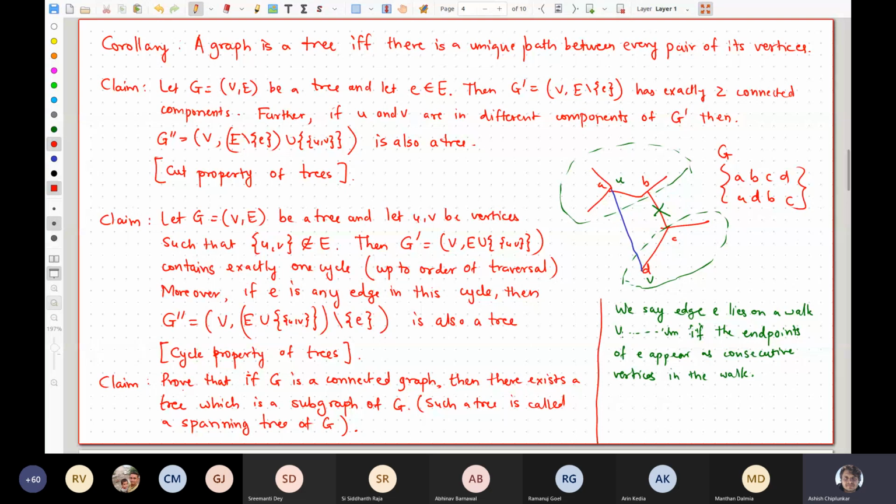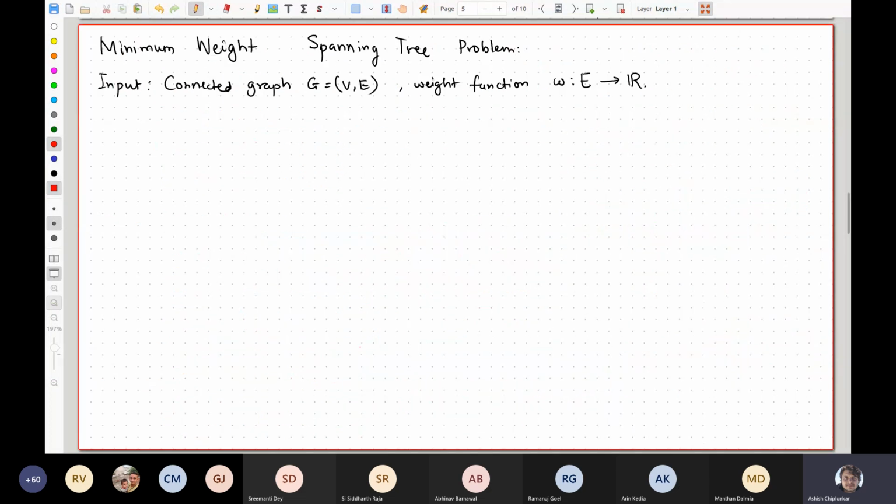It must be possible to select a few edges of the graph and create a graph which still remains connected, but which now doesn't have any cycle. Such a tree is called a spanning tree of a graph, and then the spanning tree problem asks for the following. You are given a connected graph and a weight function.